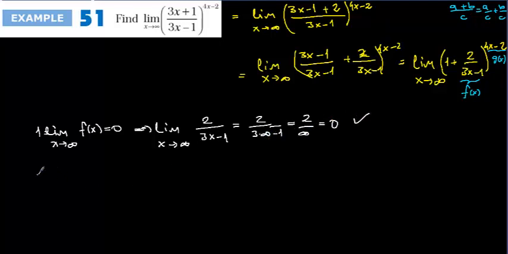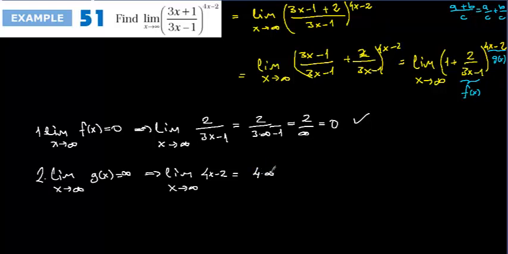What is the second condition? Limit x tends to infinity, gx must be equal to infinity. The gx value is here 4x minus 2, so 4x minus 2 is going to be equal to 4 times infinity minus 2, that's equal to 4 times infinity, and the result is going to be infinity.